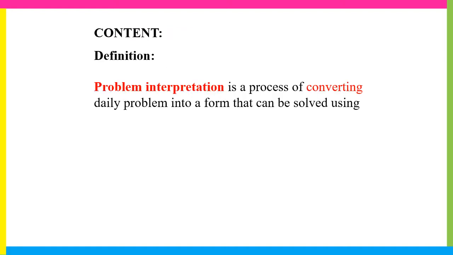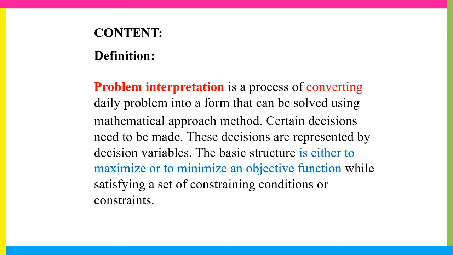Okay, so problem interpretation is a process of converting a daily problem into a form that can be solved using a mathematical approach. So we have the real life situation. Now we want to convert it into a mathematical method so that we can solve it using the mathematical approach. So certain decisions need to be made. Decisions are represented by decision variables. The basic structure is either to maximize or minimize an objective function.